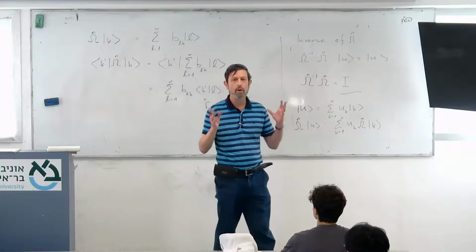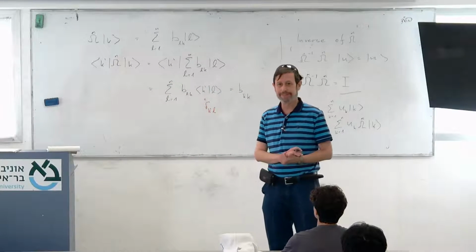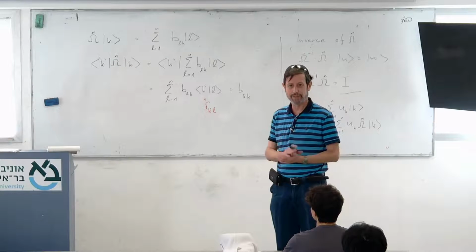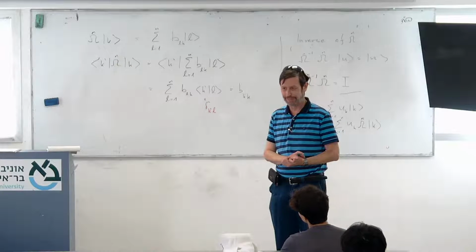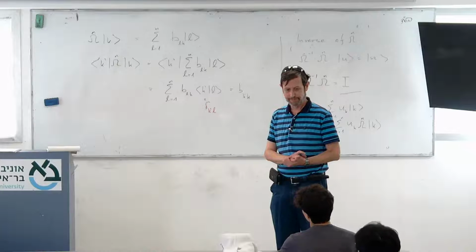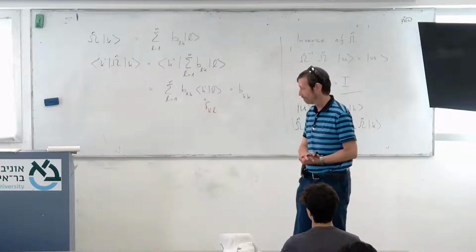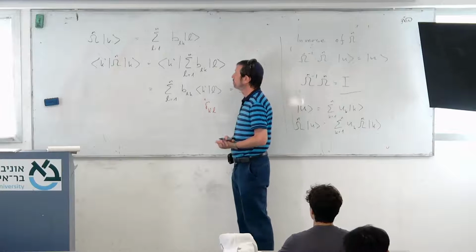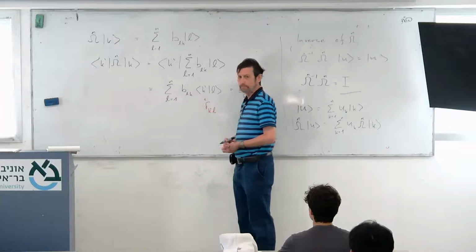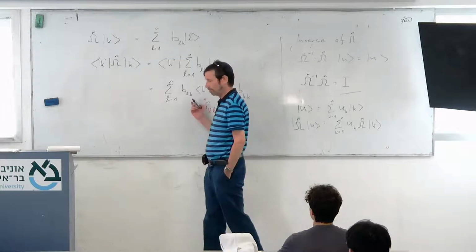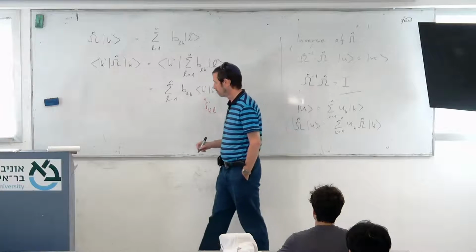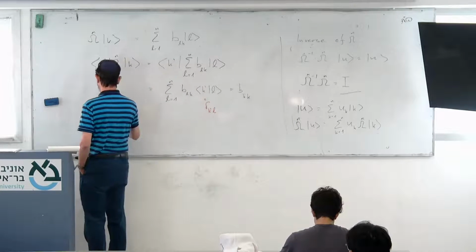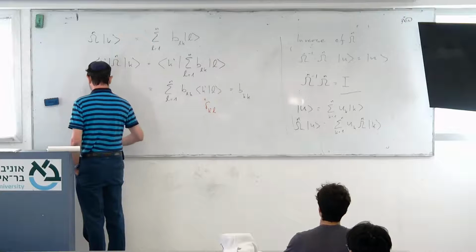Basically, I got all the elements of the matrix. I know now how to calculate the elements of the matrix. That goes for every l and every k. That's why you use a double index. Okay.